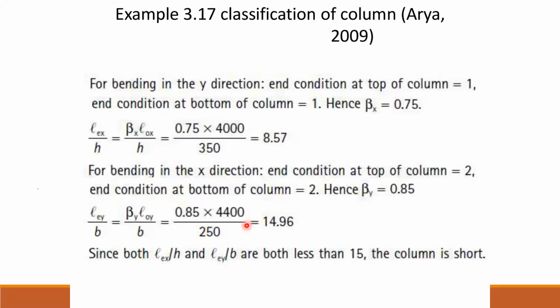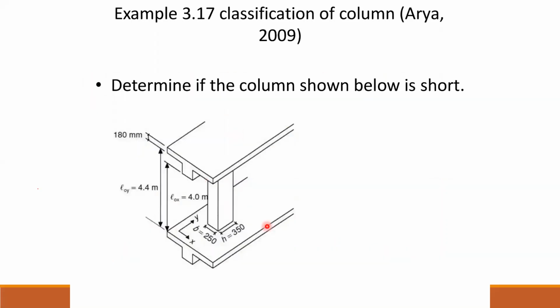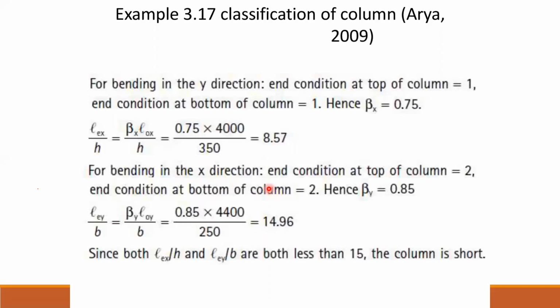So the distance, you can also see the LEX. If you take this direction, because beams are connected here, the total height is 4,000 millimeters, and the other one is 4.4 meters.